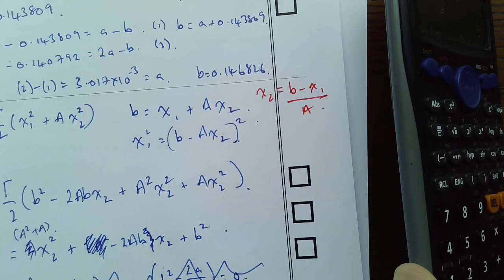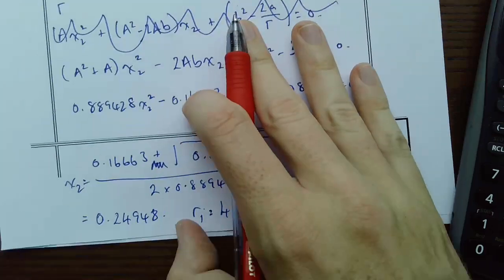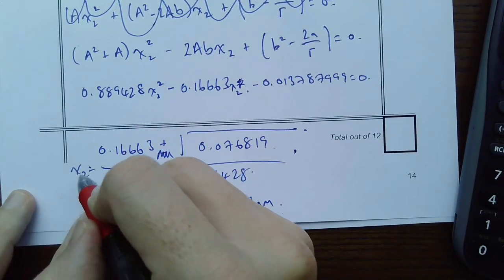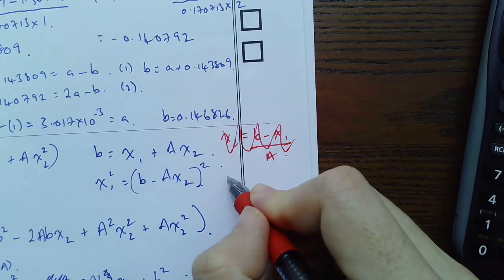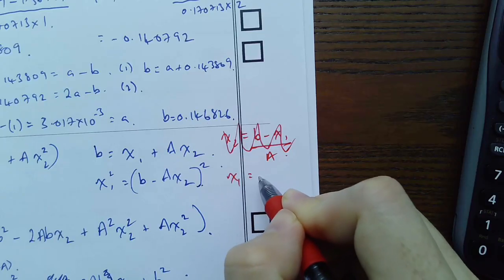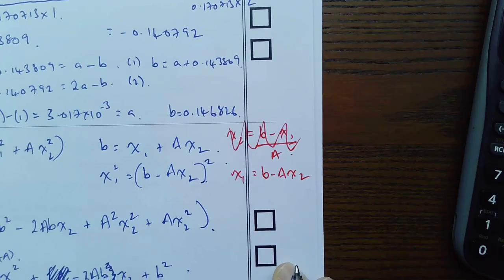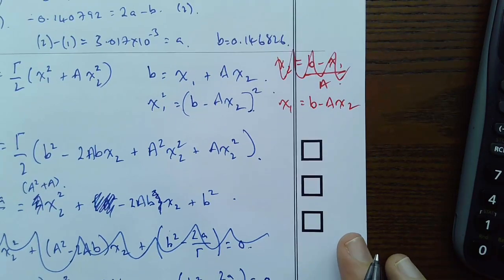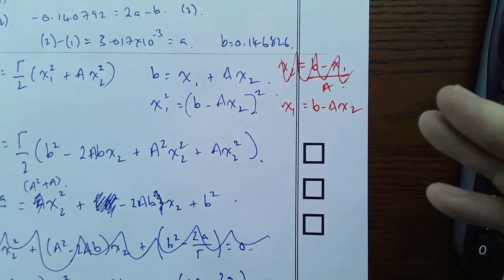B take x1. Oh, I calculated x2. Okay, so I don't want to do this. I want to do x1 equals b minus a x2. So it's always useful to have an idea of what it is that you're calculating, so that if you end up with a negative number, you know it's going to be wrong. All right, so let's try again.